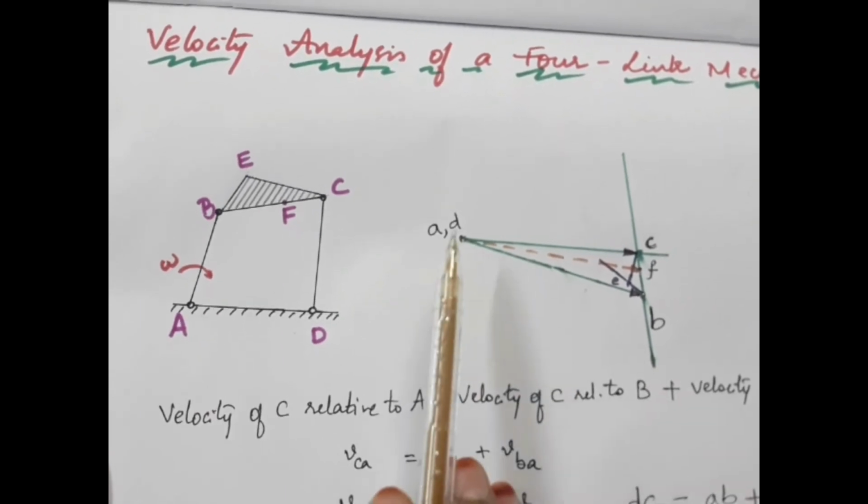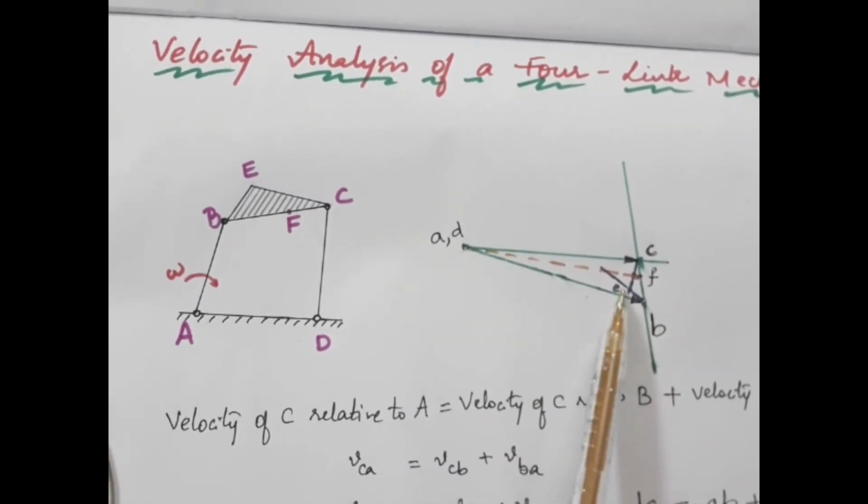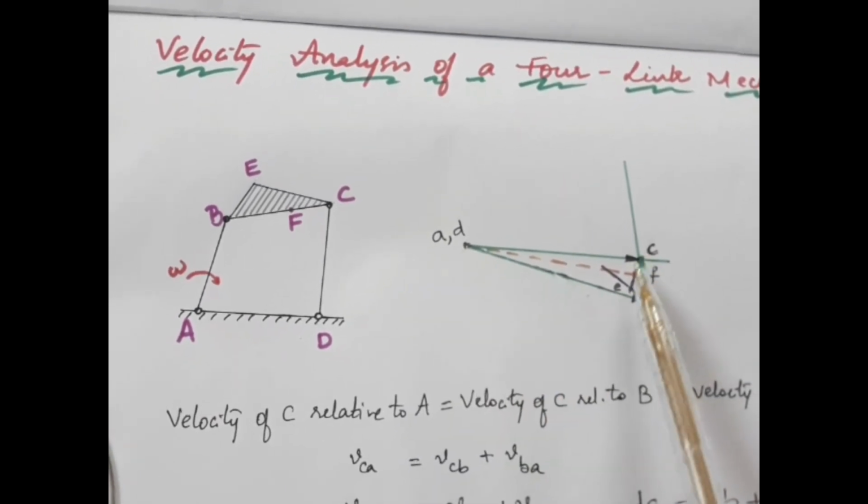So we know that AB plus BE is equal to DC plus CE.